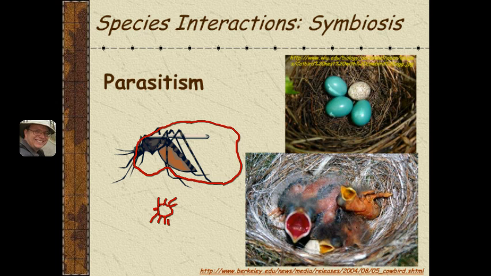Another example might be something like a leech that attaches to your foot while you're swimming in the river or something like that. There are a lot of internal parasites like the malaria parasite that gets inside of you and causes malaria, or you might get a tapeworm or something like that inside of you. That's a parasite. Lots and lots of examples of animal parasites.